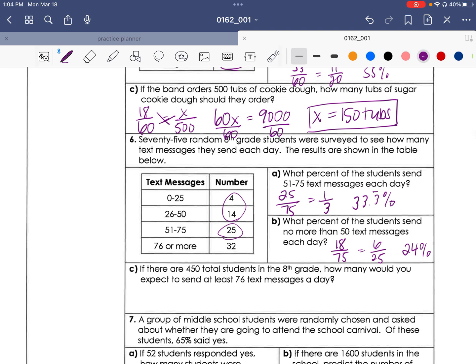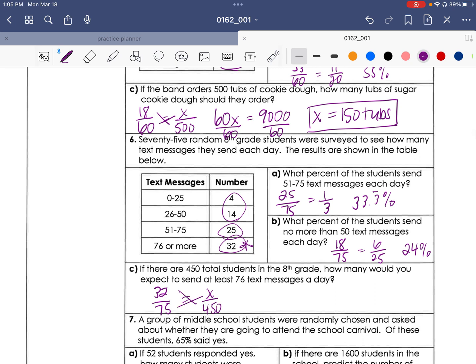If there are 450 total students in 8th grade, how many would you expect to send at least 76 text messages a day? So at least means 76 or more, right? So those are only these ones. So if we have 32 out of the 75 that were surveyed, that's equal to how many out of the total population of 450?